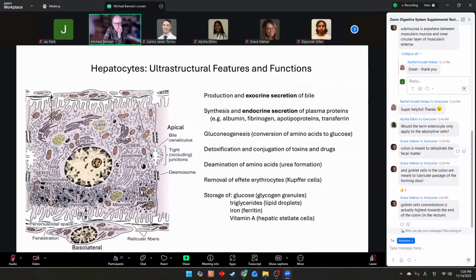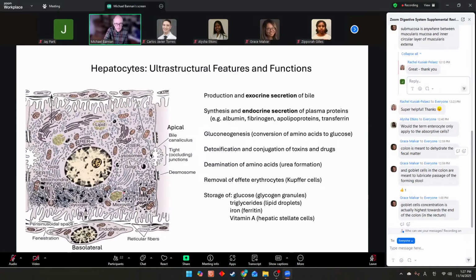Okay, so one thing about the liver, we've mentioned that we have both exocrine function and endocrine function. So the liver often in histologic section looks like a square or a rectangle. And some of these membrane surfaces are exocrine surfaces through which we secrete bile into a duct system. And some of the surfaces are endocrine surfaces through which we secrete protein products in an endocrine fashion into the bloodstream.